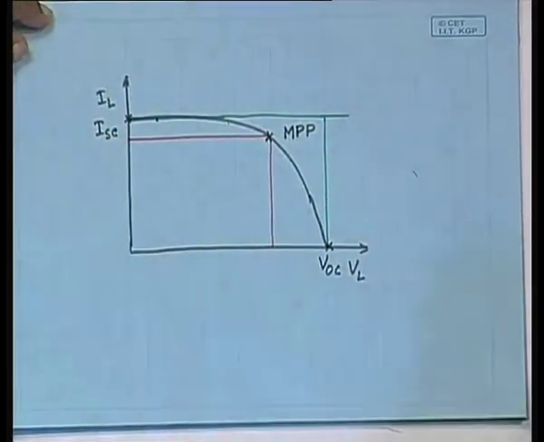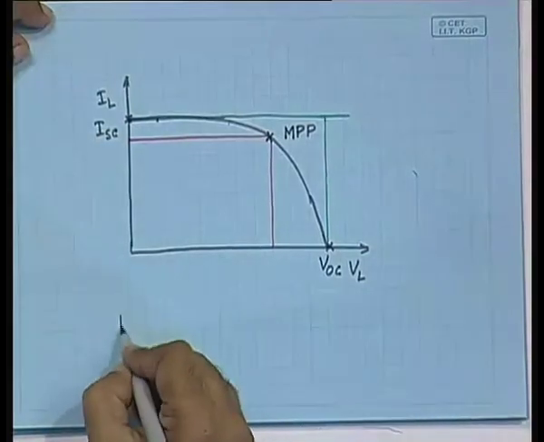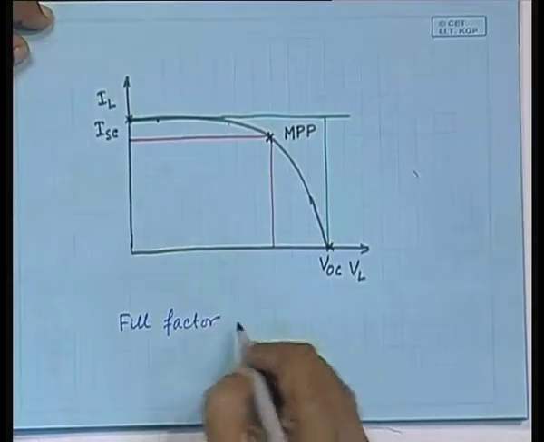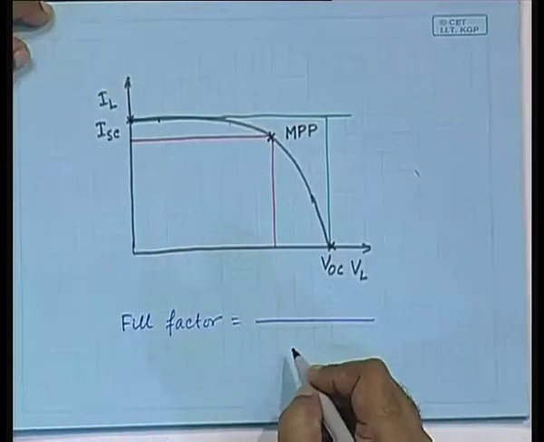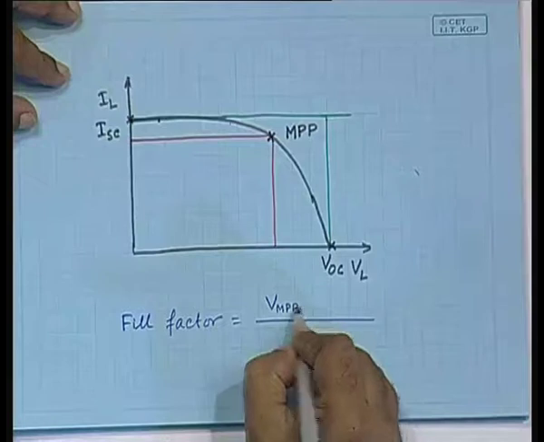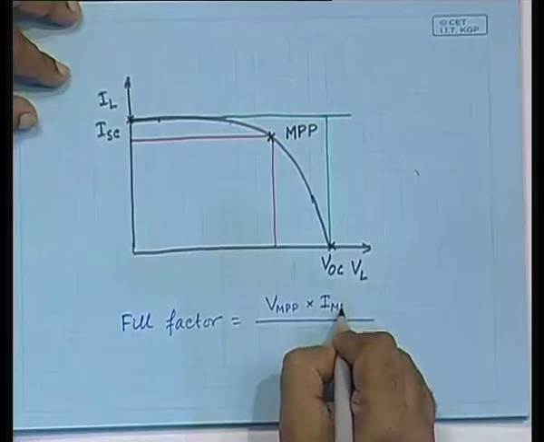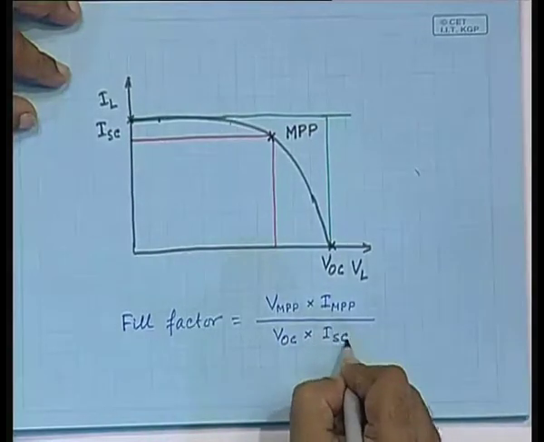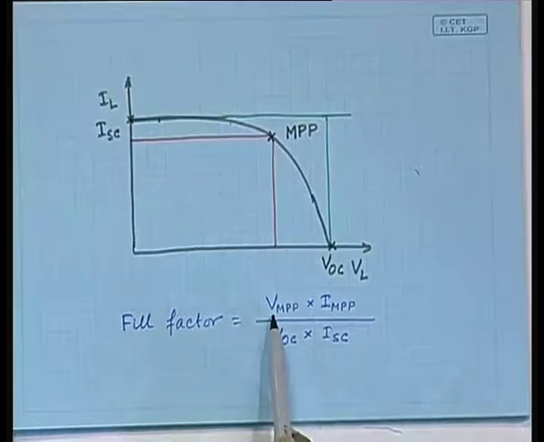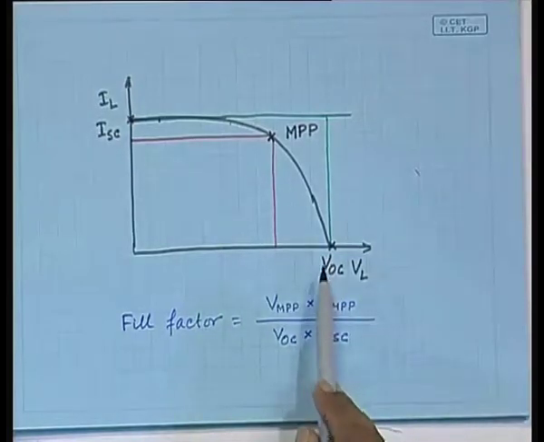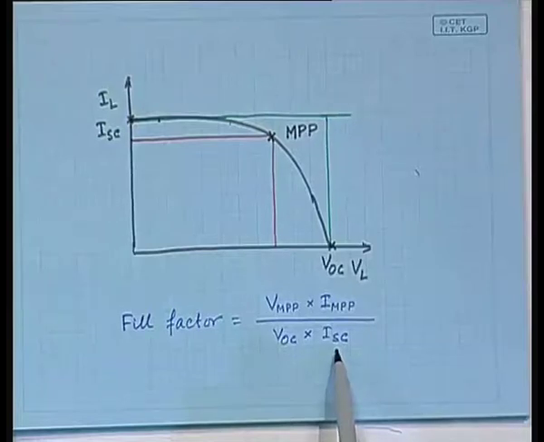So, let me write fill factor is voltage at the maximum power point times the current at the maximum power point divided by voltage open circuit times the short circuit current.